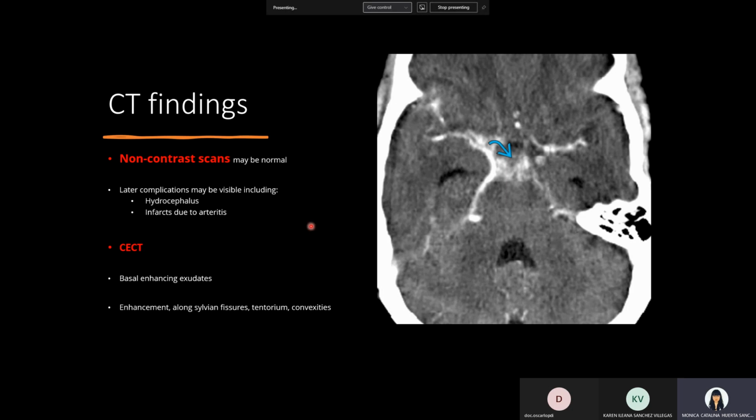In the contrast enhanced CT, we can see basal enhancing exudate and enhancement along the sylvian fissures, the tentorium, and the convexities of the brain. As we can see here, in this actual contrast enhanced CT in a patient with meningitis, there is extensive nodular leptomeningeal enhancement in the basal cisterns.